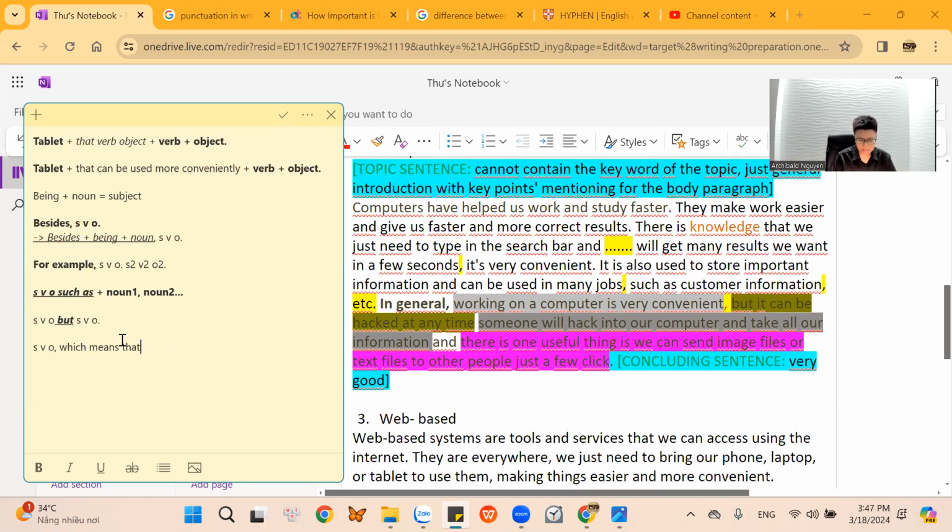So after "to be" you use "that". That is another way for you to begin a new sentence, like a subject or object. Is it the second sentence of it? In general, working on a computer is very convenient, but it can be hacked at any time, which means someone will hack into our... hello.